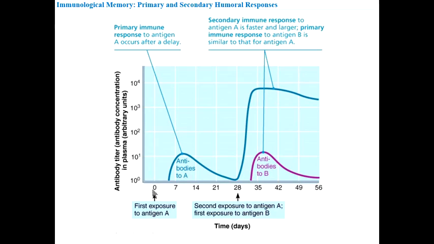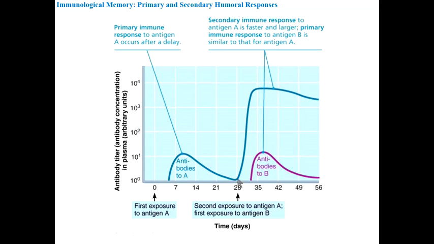So you can see upon first exposure to an antigen, it takes a few days before plasma cells develop and begin to secrete antibodies. And we can see there's really no significant level of antibodies until about a week after the infection. So during that week, good chance that you will be sick from the infection. And then eventually they'll die off. Now, if we're exposed to that same antigen a second time, remember we have memory B cells now from this first exposure.